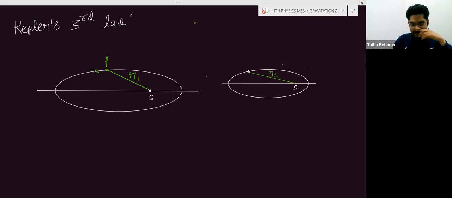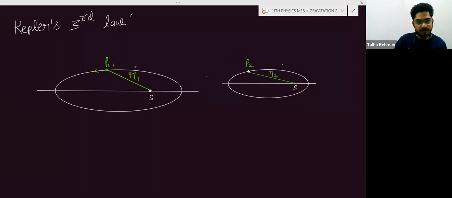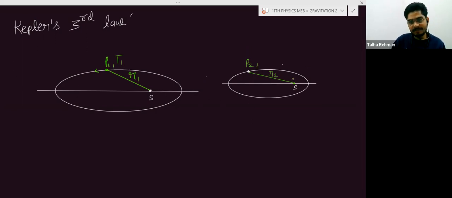This is planet P1, and this is planet P2, and both are revolving around the sun. This time the radius is r1, and this time the radius is r2. The time period of the planet is, suppose, T1. Time period means the time to complete one revolution. And for this planet, the time is T2.